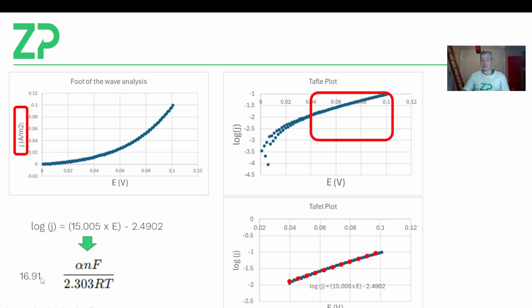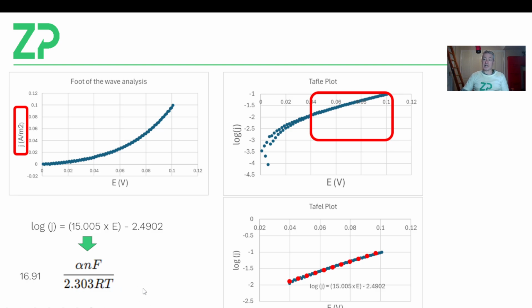In this particular case I was doing the oxidation of ferrocyanide, so n was 1. Faraday's constant is 96485, I think, coulombs per mole. R is the gas constant, which is about 8.314. And T is temperature in Kelvin, about 298, so room temperature. So F over 2.303 times R times T is equal to 16.91.